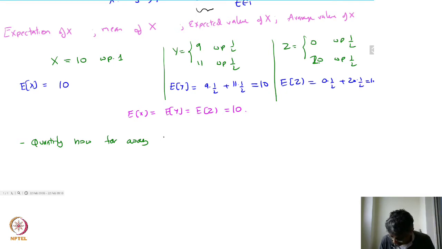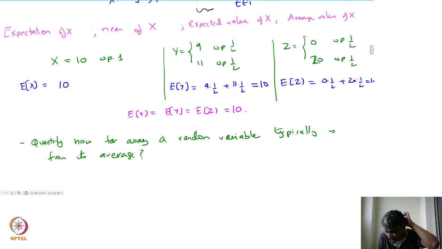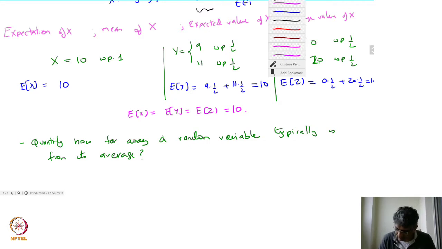The answer to this is clear from the above examples: Z is on average 10 away, Y is 1 away, and so on and so forth.